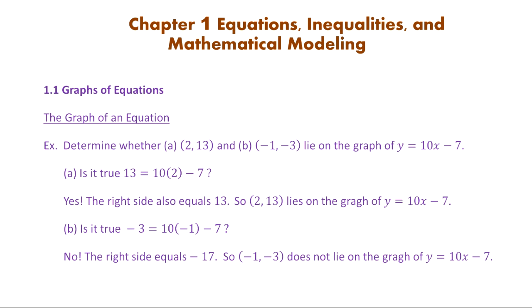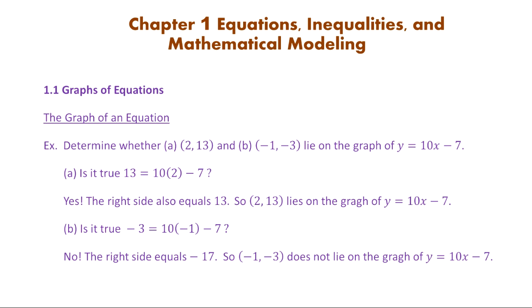So when we say a point lies on the graph of an equation, it means when you plug in the x and y coordinates of the point into the equation, the equation holds. If that's the case, then we know this point is on the graph, because that's how we graph the equation. Remember?